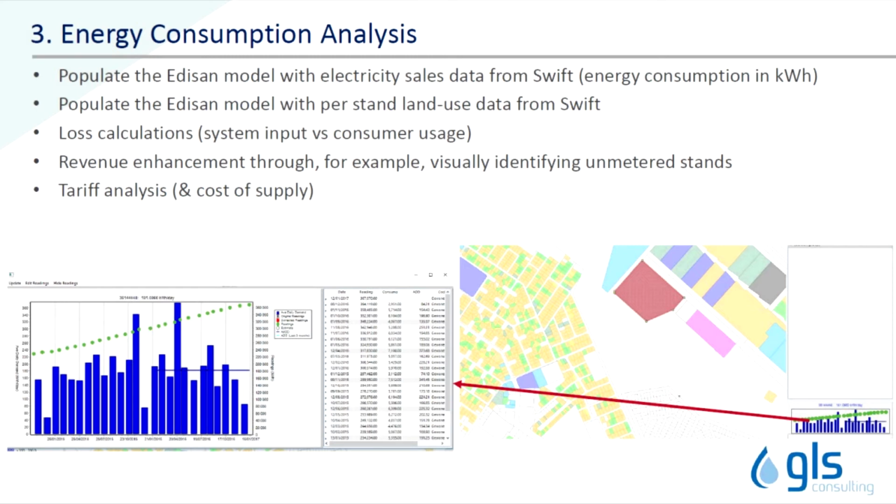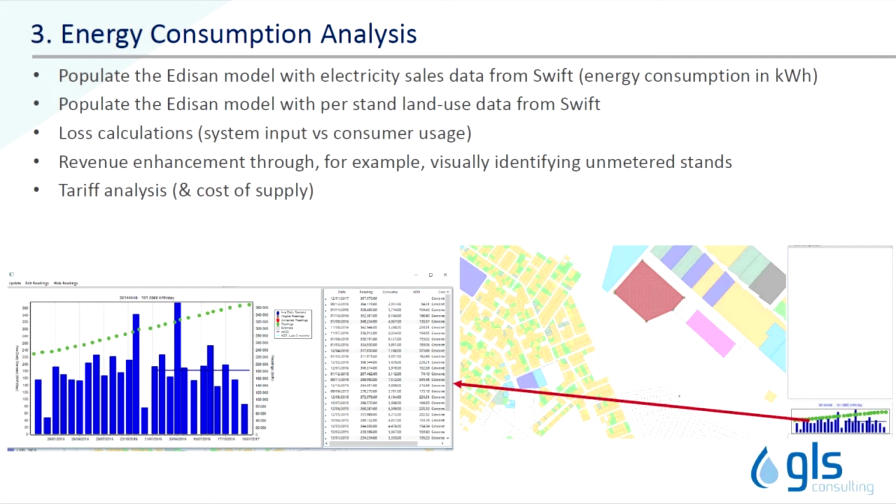Then you get your per stand consumption and your ADMDs, and you roll them up to your kiosk supply point, then to your transformer zones, then to your distribution zones, and finally to your substation zones. And I will elaborate what I mean by the different zones in the next slide. So this facilitates a bottom-up approach from stand to substation.